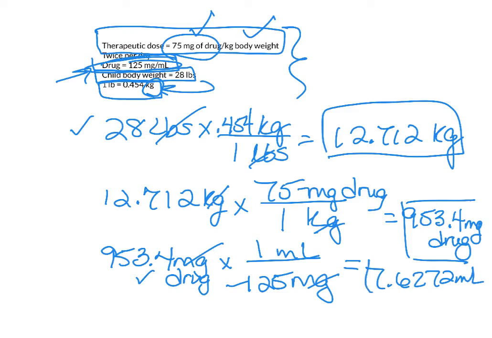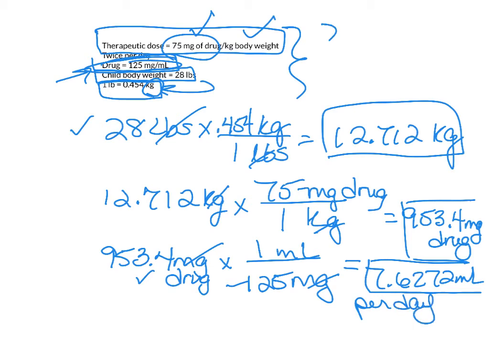Now, the question specifically says, how many milliliters of the liquid should be administered in each dose? And earlier in the problem, it says the drug is administered twice each day. So you have to be really careful. 7.627 milliliters is the amount per day this child should be given.